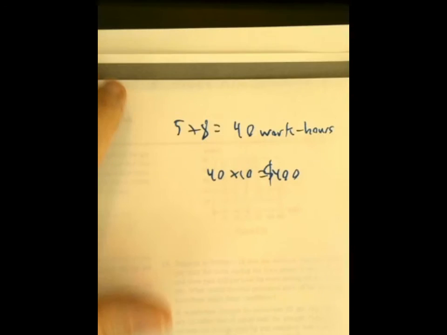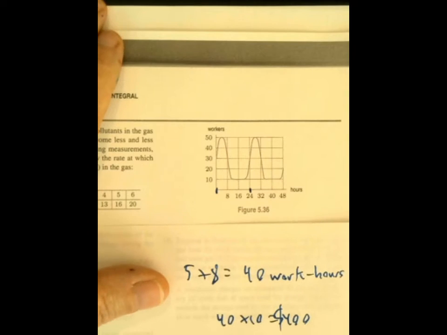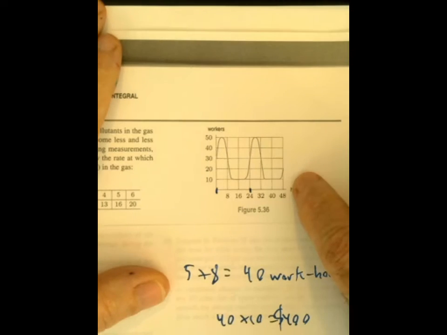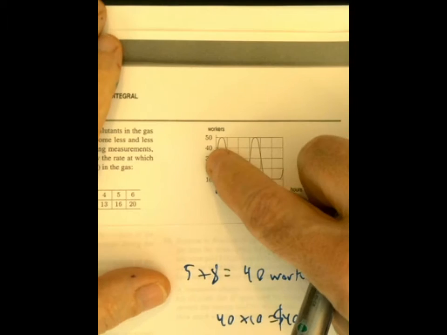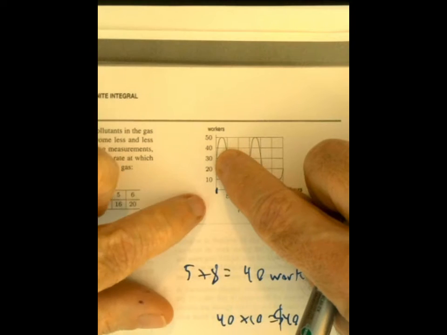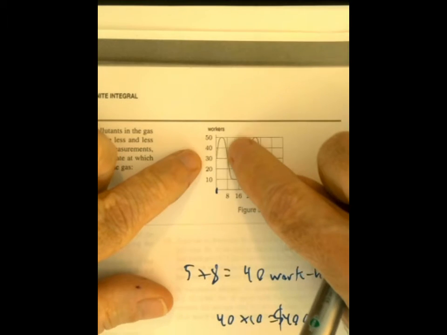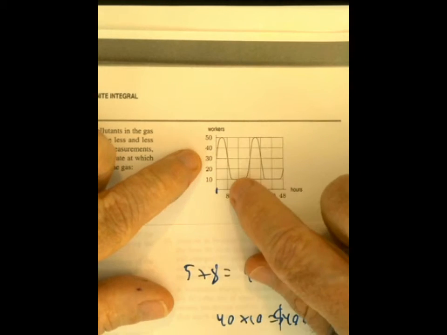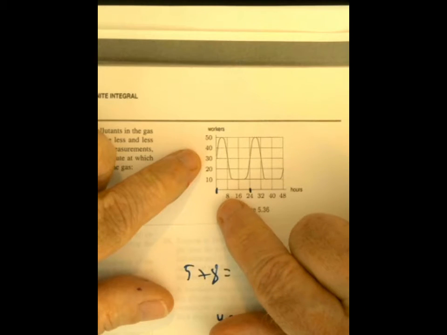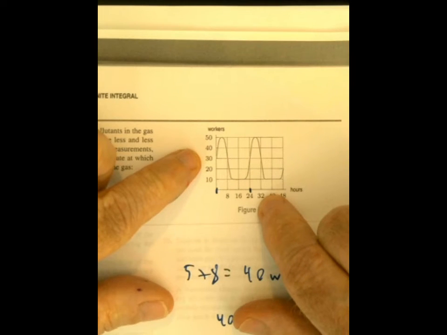Oops, covered it up. So why does this graph give us worker hours? Well, over here is the number of workers being employed at any given time. This is the number of hours.